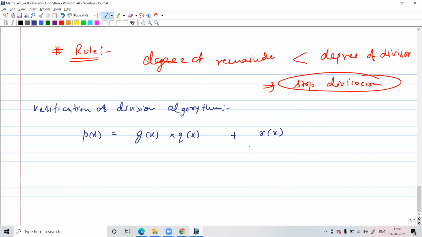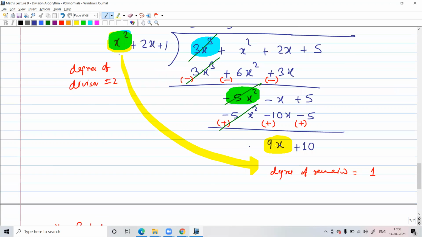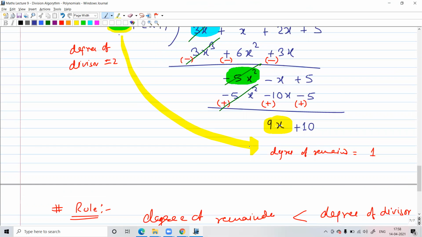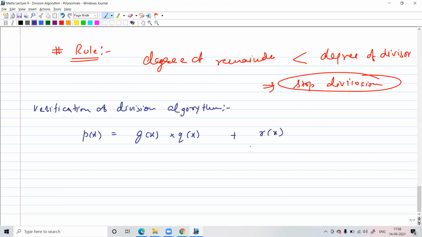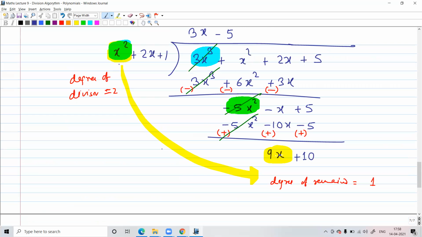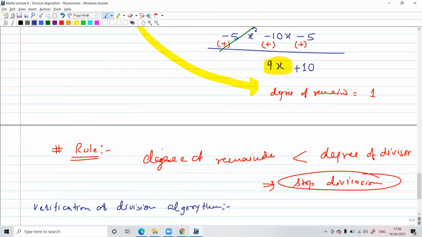Now write down all the expansions, write each of those polynomials. So what is our Px? It is 3x cubed plus x square plus 2x plus 5. What was Gx? x square plus 2x plus 1.